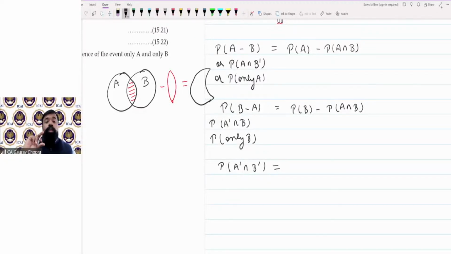We have to do the reciprocal of everything, not exactly the reciprocal, but flip everything and then subtract from one. So how we will be doing? 1 minus probability of, instead of A dash we will write A. In place of intersection we will write union, and in place of B dash we will write B. So it will become 1 minus probability of A union B. Okay, so this becomes the formula.